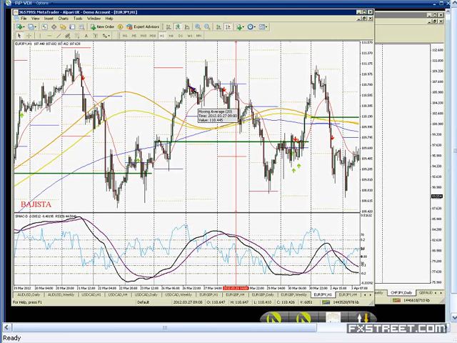So that correction that we see here in price was fast and of a great magnitude, so that the trend indicator had no time to reduce the momentum level significantly.